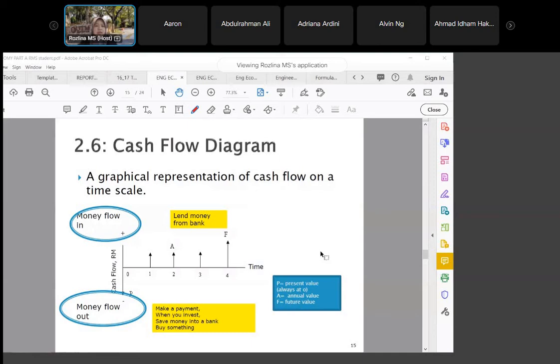Okay, then this is the cash flow diagram. You are halfway through this one.